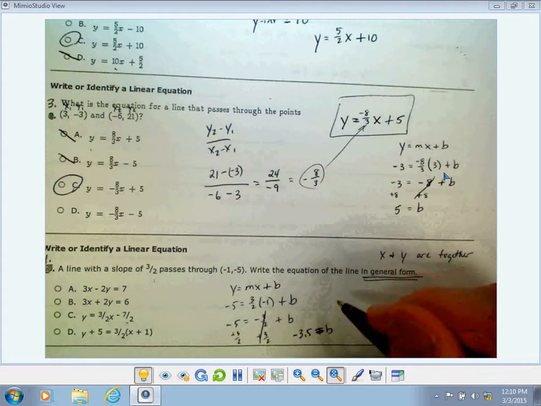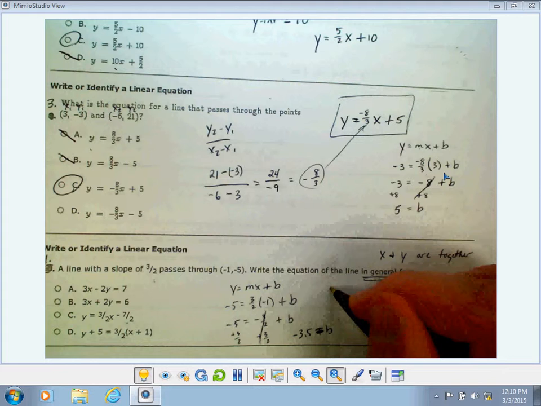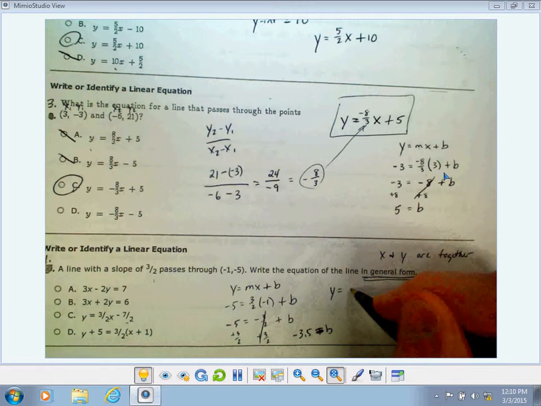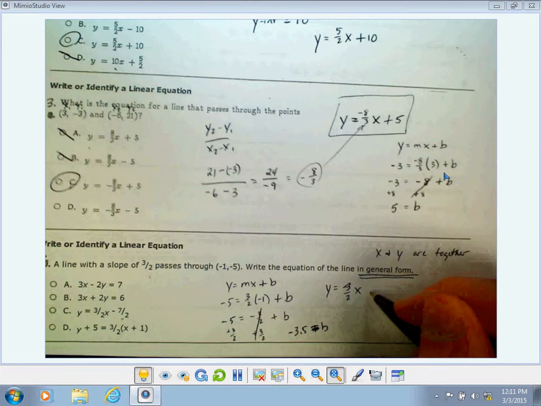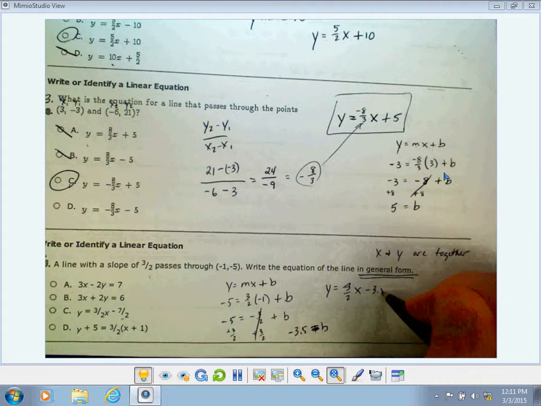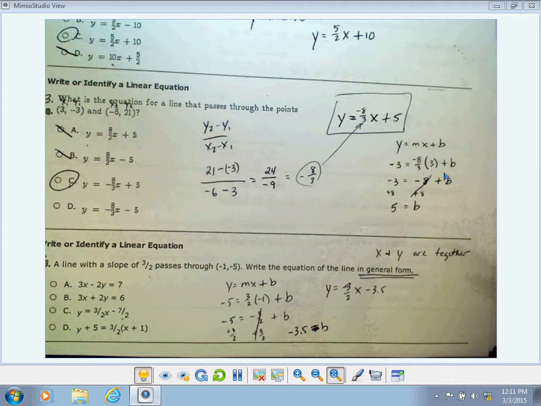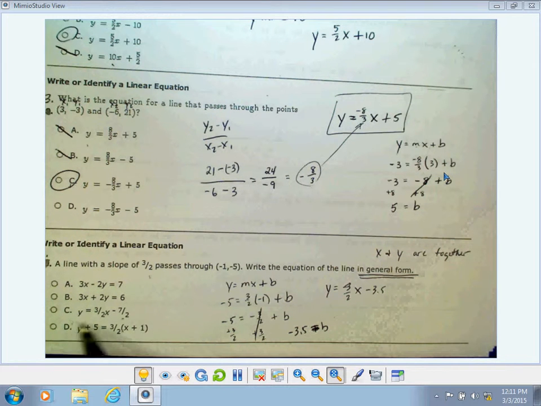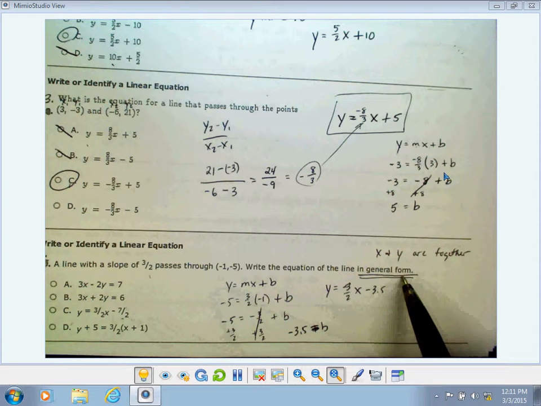So what happens is my equation is going to be y equals 3 over 2x minus 3.5. Okay, so if you look at C, that's exactly what we have, because negative 7 over 2 is negative 3.5. But that's not general form.